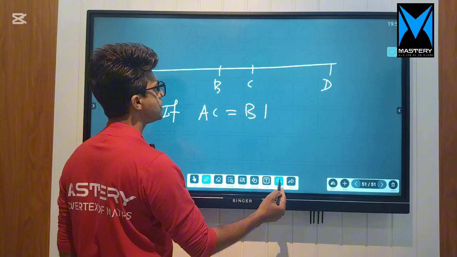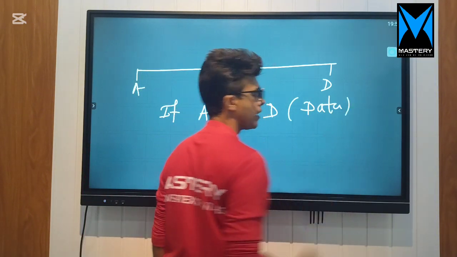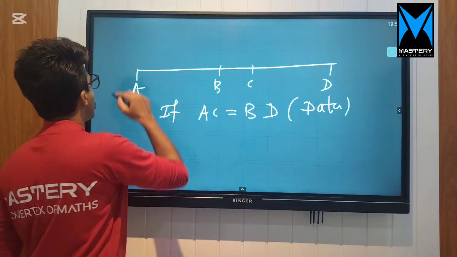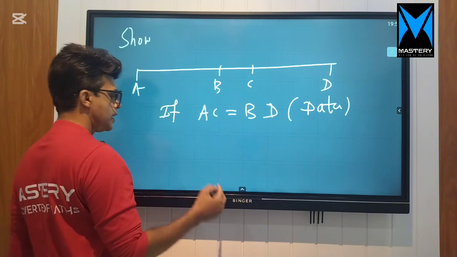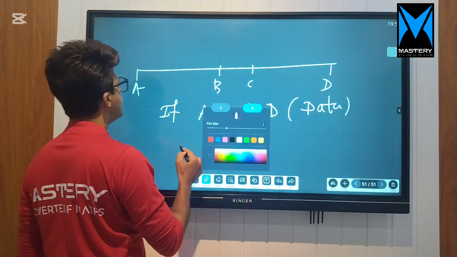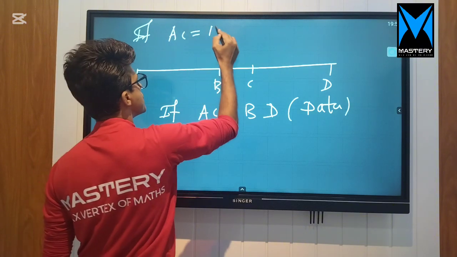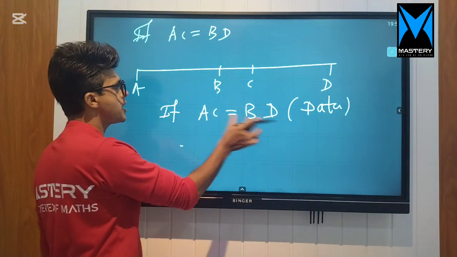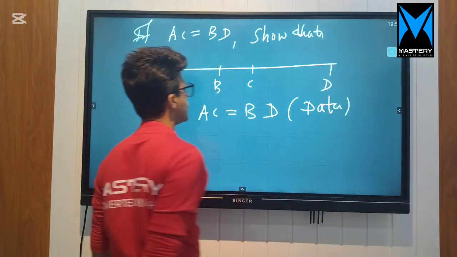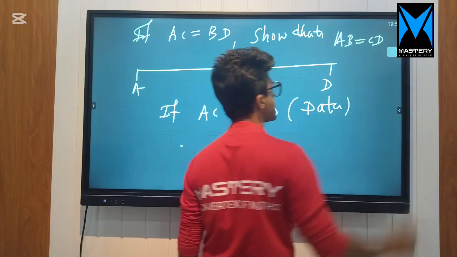It is given that AC equals BD. The question is: if AC equals BD, show that AB equals CD.